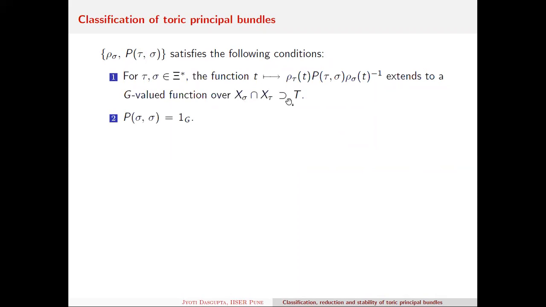Because the torus is dense, by looking at what is happening over the torus, this extension condition will say that what is happening over the intersection, the overlap, also works. So mainly the density of the torus is playing a role here.